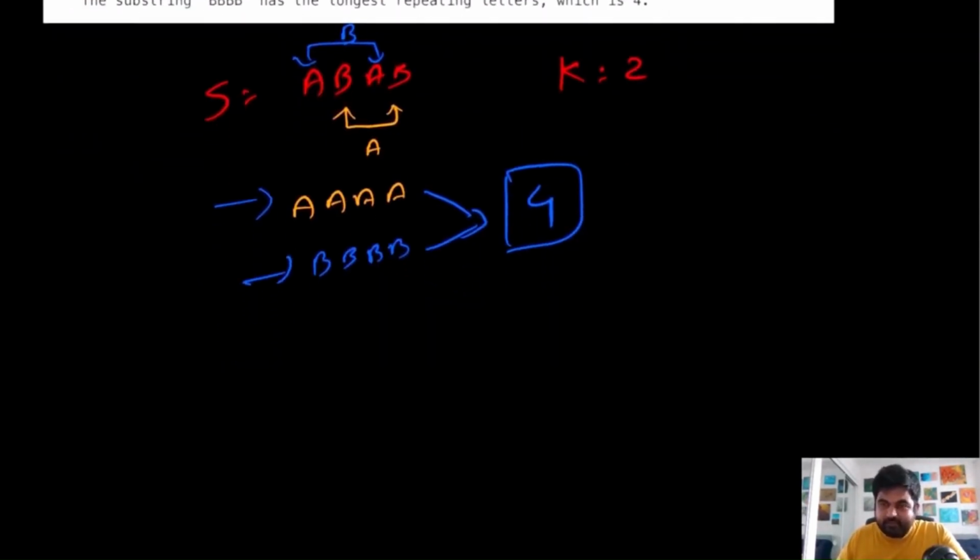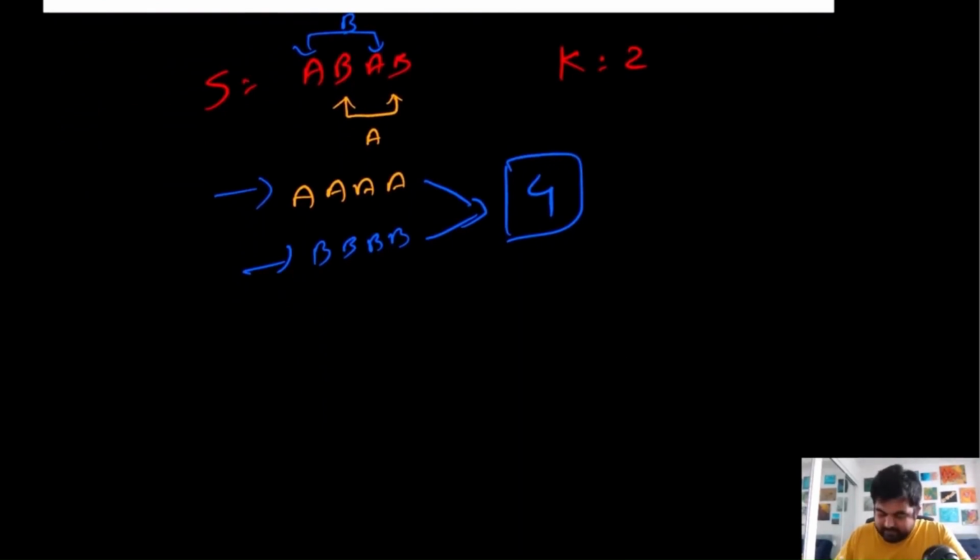Let's take one more example to make our understanding clearer. Suppose our given s is equal to HPPHP, and k is equal to 2 again.